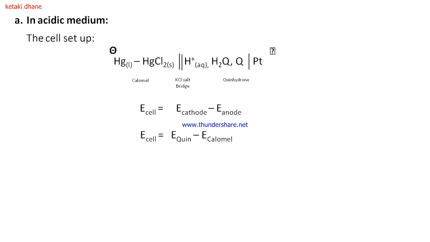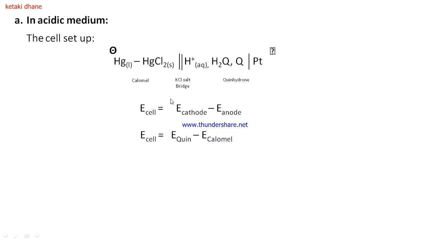In the second example, in the case of acidic medium, the cell setup is mercury dipped in mercury chloride solution, and platinum dipped in the quinhydrone solution. So we have taken two different electrodes: a calomel electrode containing mercury in mercury chloride, which is the reference electrode, and the quinhydrone electrode, which is the indicator electrode.